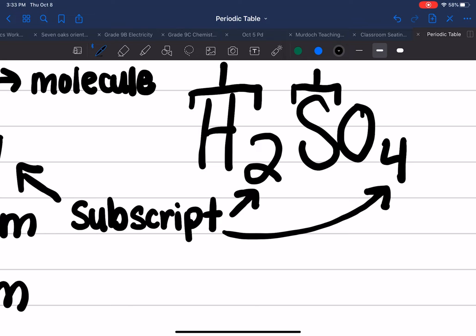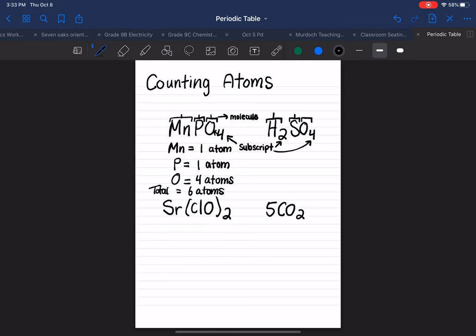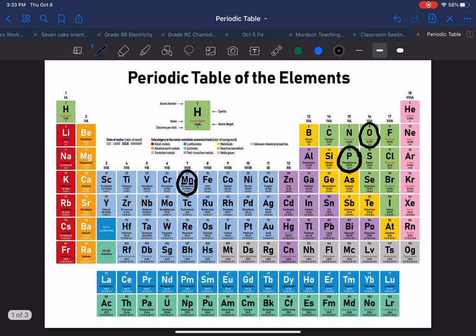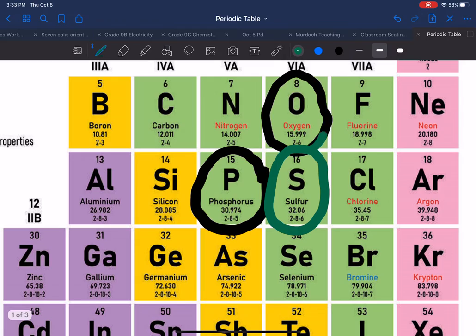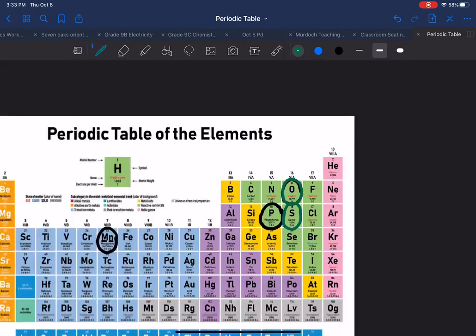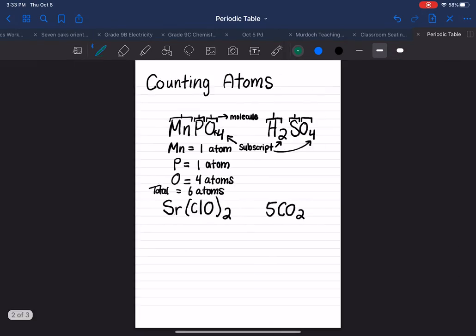S is also uppercase, and it's right beside an O. So some people think it's right together. But if you go to the periodic table, you will not find a capital S and O together. But you will find a capital S by itself and a capital O by itself. So those are individual atoms of that element.